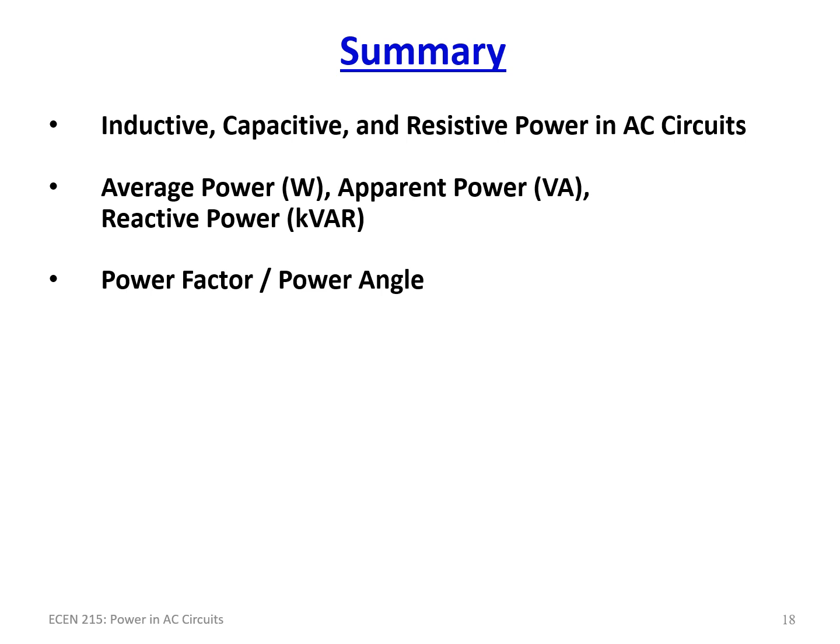If it is lagging, that means the current waveform is lagging behind the voltage waveform, so the power angle is positive, because it's the phase of the voltage minus the phase of the current. That means the phase angle of the voltage was greater than the phase angle of the current, so the difference is a positive value.